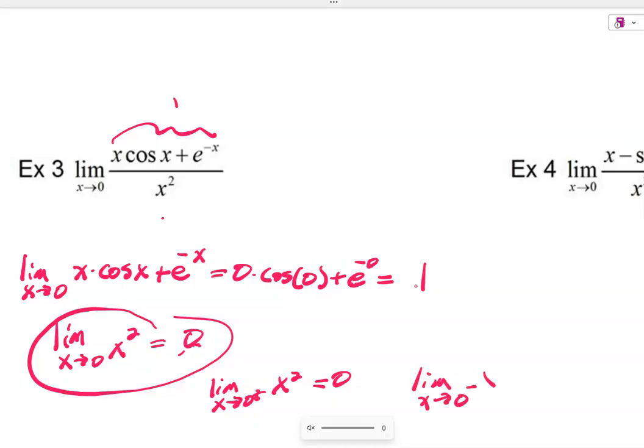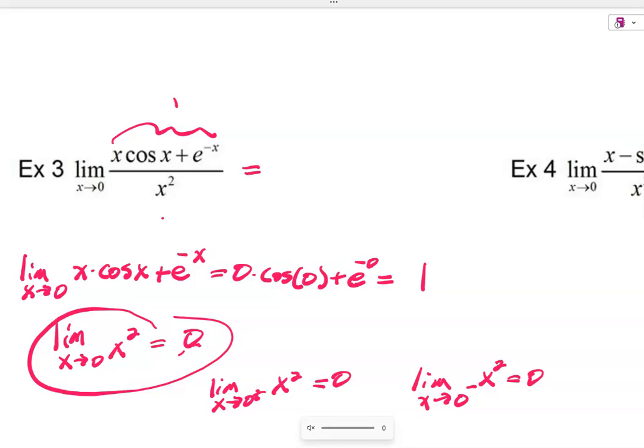Why do I bring that up? Just to make a quick point: when you're dividing 1 by something very small, you do want to check directions to make sure that you are in agreement from the left side and the right side. We are. The top's always going to be going to a 1.